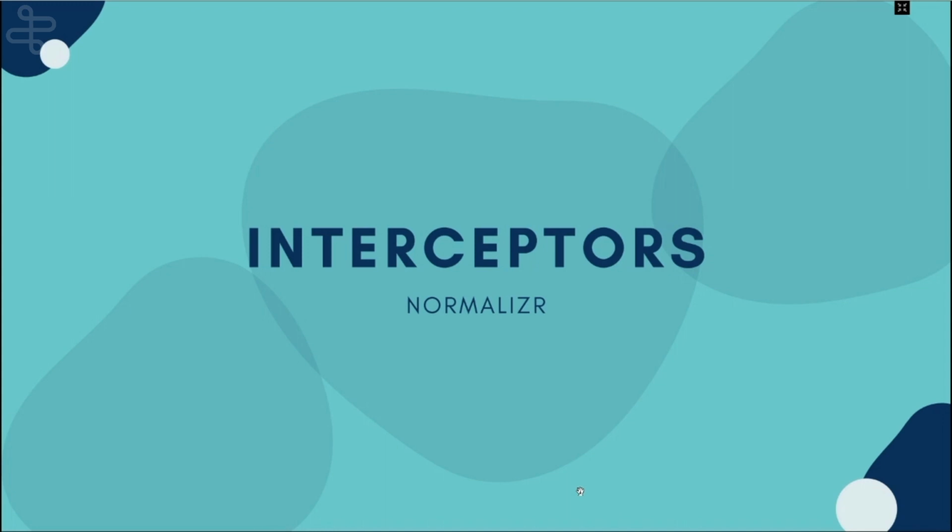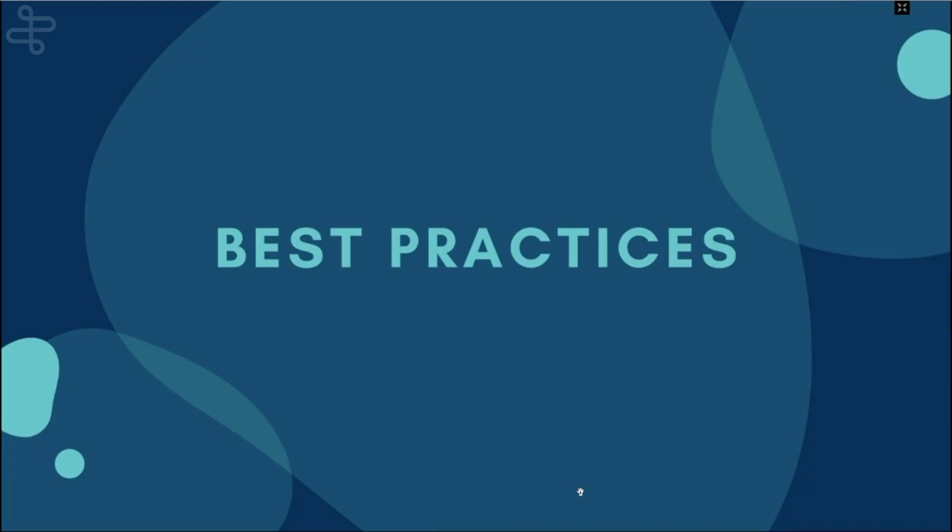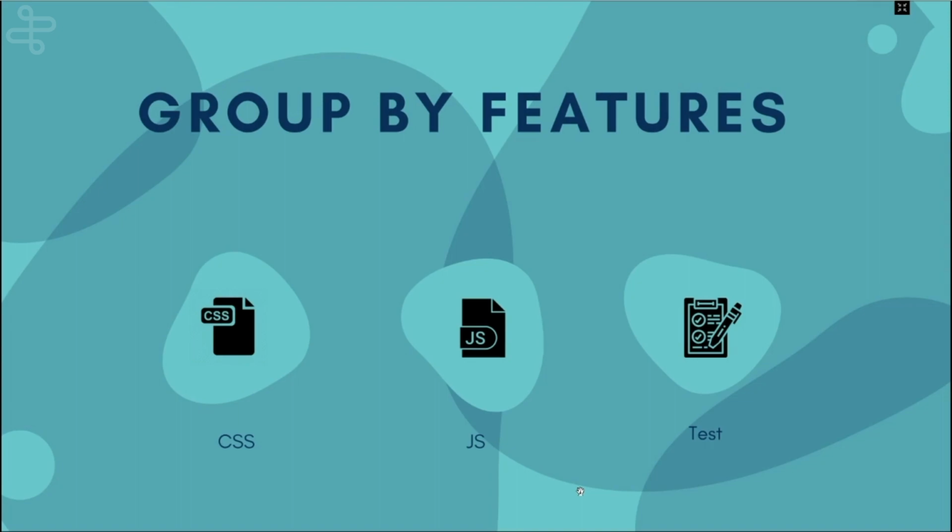Now let's discuss some of the best practices to architect our web applications in React.js. First of all, a recommended, or better, way is grouping by features. That means locating your CSS, JS, and tests together inside folders, grouped by feature or route.